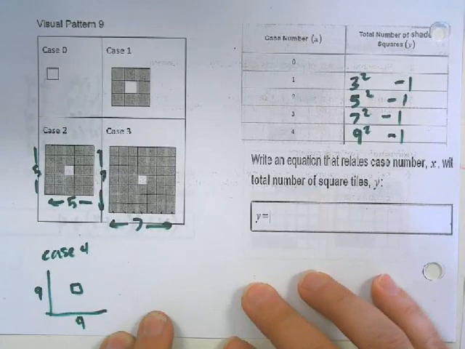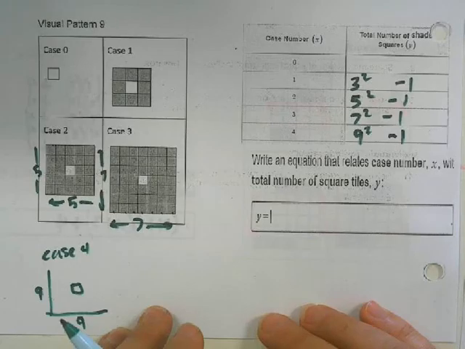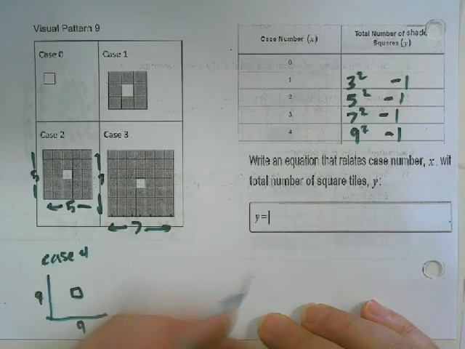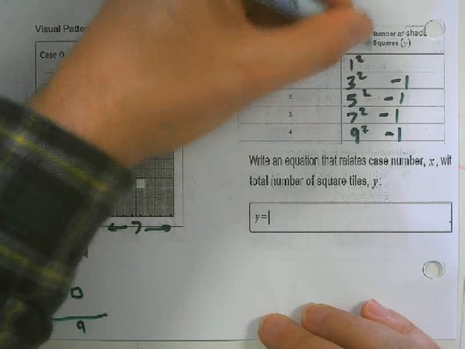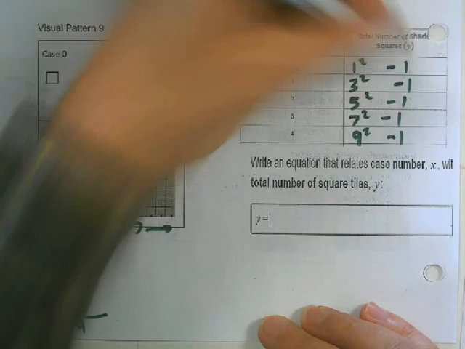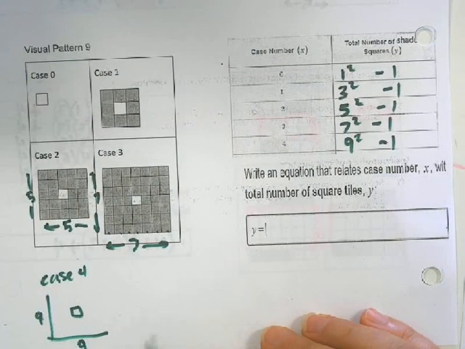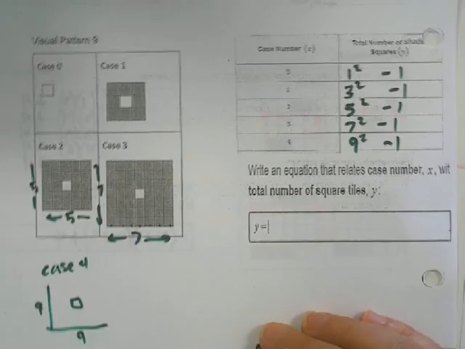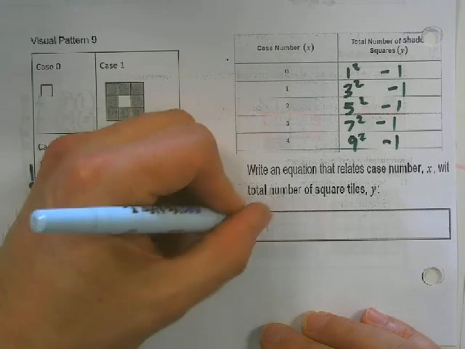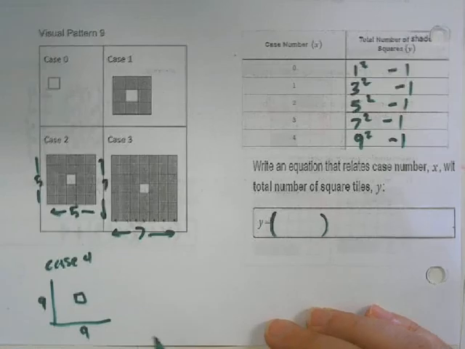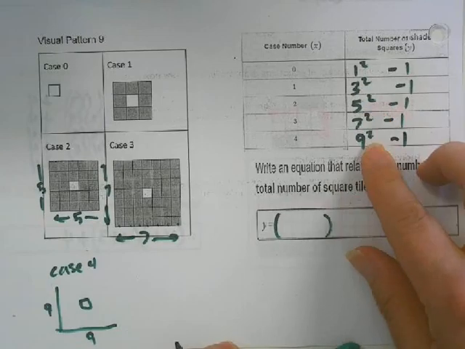So in order to figure out how, case 0 would be 1 squared take away 1, which is 0, right? There's nothing shaded. Okay, so how am I going to write this thing squared? So basically, we keep adding 2, right?